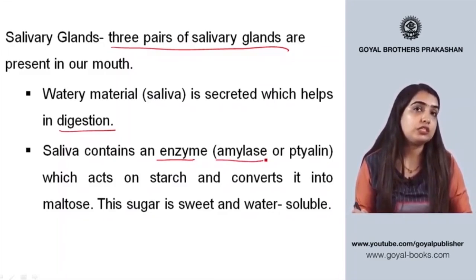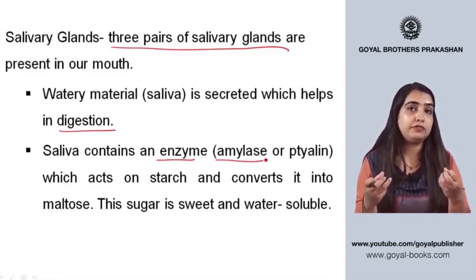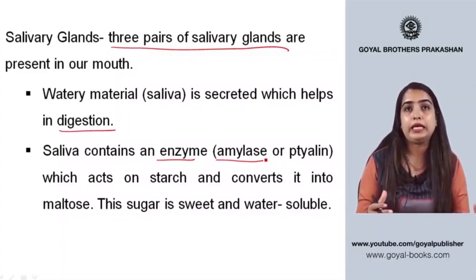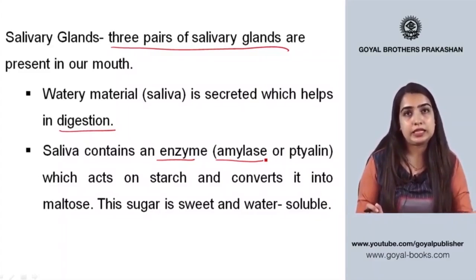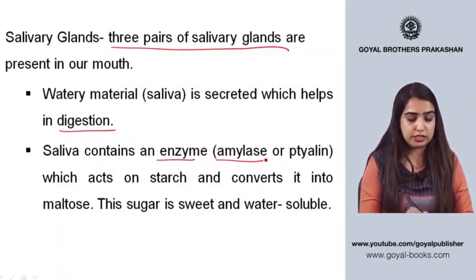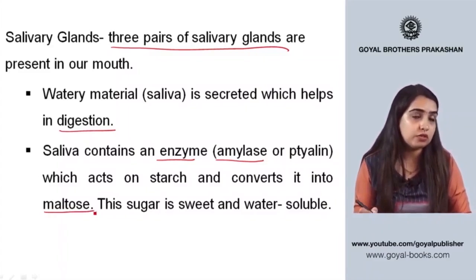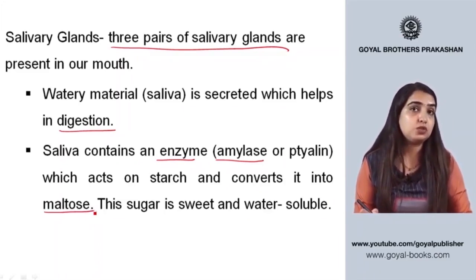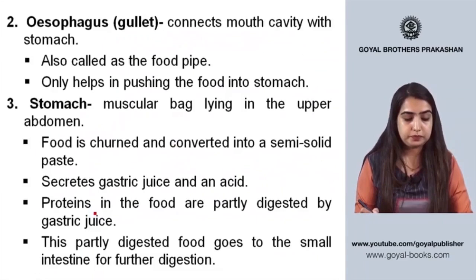It acts on starch, that is, whatever starch we have in the food is acted upon by amylase present in saliva, and then that starch is converted into maltose. Maltose is a kind of sugar, so it is definitely sweet, and it is water soluble.